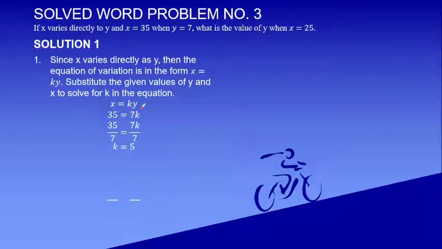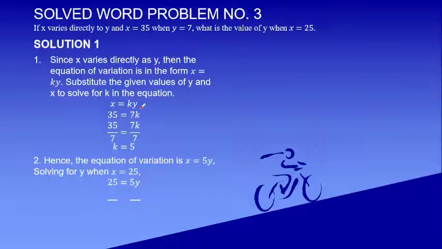Nahanap na natin yung constant of variation such as k equals 5. Hence, the equation of variation is x equals 5y. Solving for y when x equals 25, 25 equals 5y, so your y is 5 if your x equals 25.